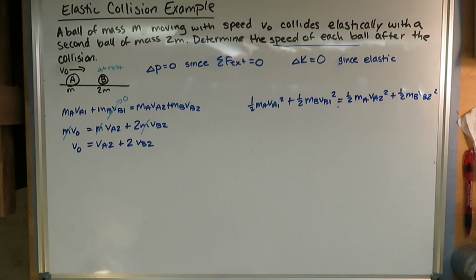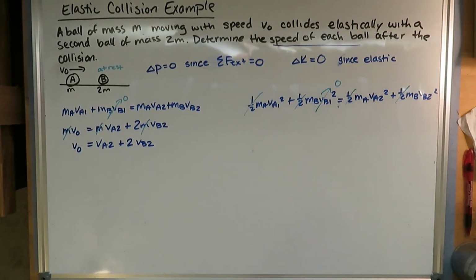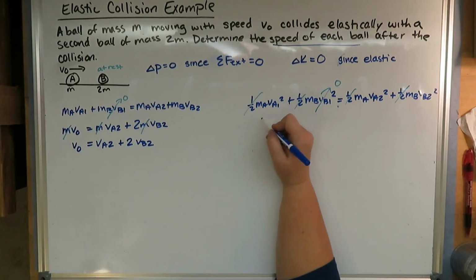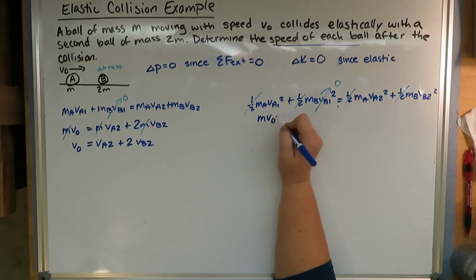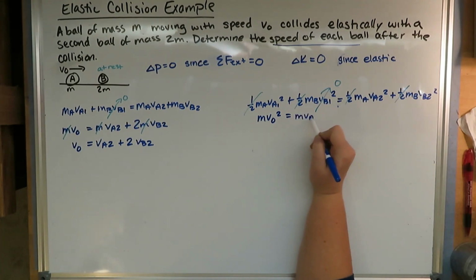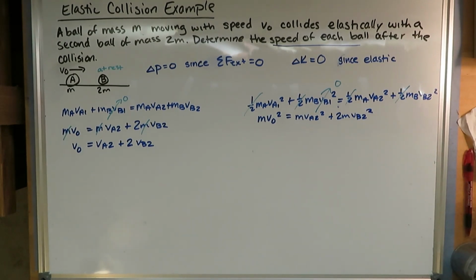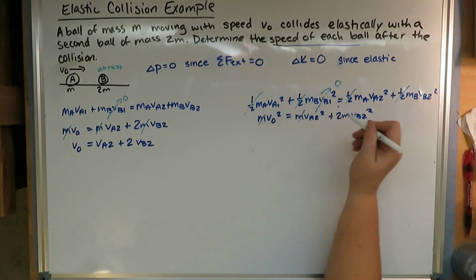Once again, VB1 is 0, so that term goes away. The halves cancel, which simplifies things down. MA is M, VA1 is V0, and that's going to equal M VA2 squared plus 2M VB2 squared. And my masses cancel out again.